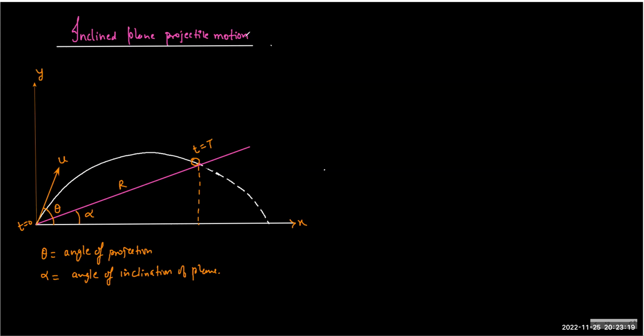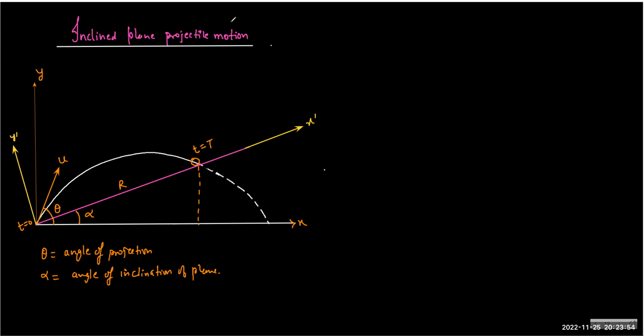But for the upward journey, it is convenient to take this direction as a new direction, let's call it x dash, and this direction as a new direction, which is called y dash. So apart from x and y, now we have x dash and y dash. I hope this is clear to all of you.